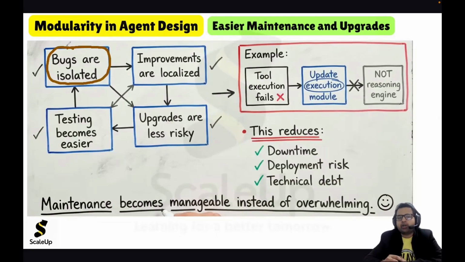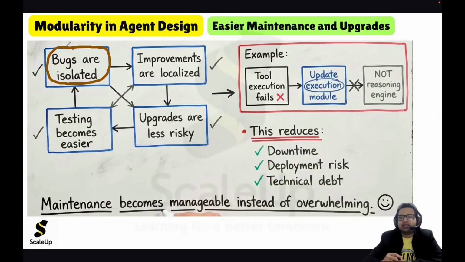With the nature of the bug, we can very easily identify the origin, where the bug is, what is the source of the bug. If the bug has to do with the execution, we know that we have to debug the execution component or the execution module.